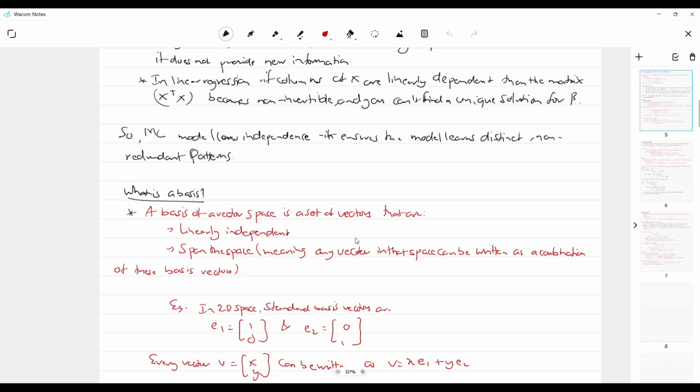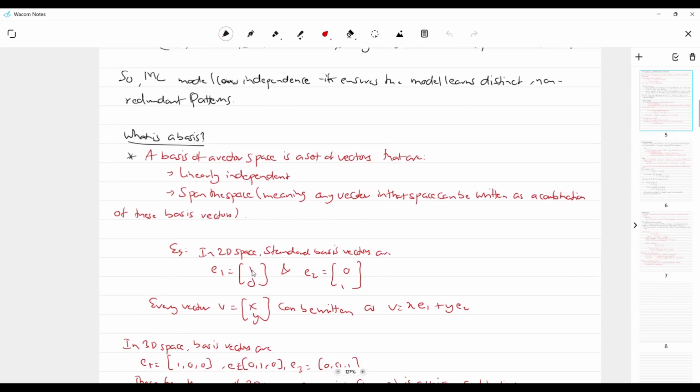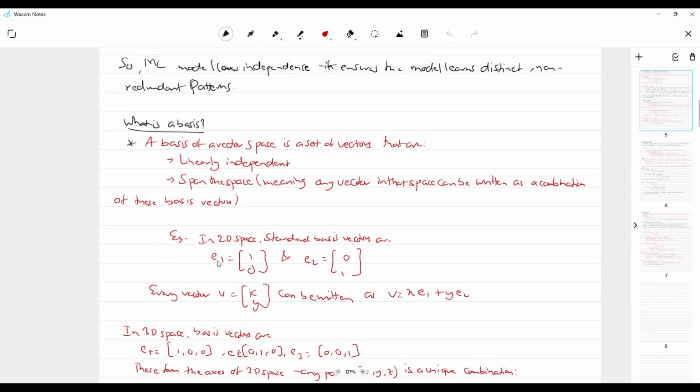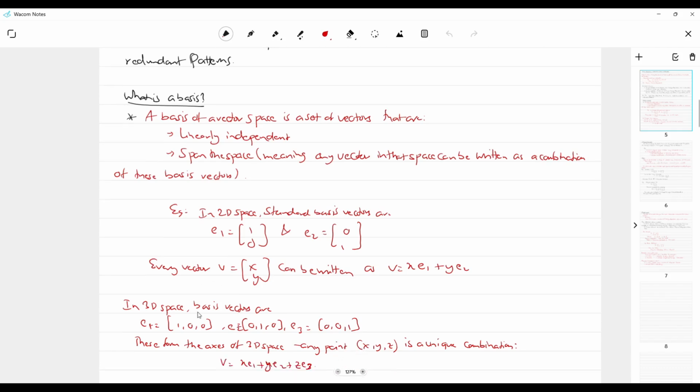For example, the standard basis vectors in 2D are e1 equals (1, 0) and e2 equals (0, 1). Any vector (x, y) can be written as x times e1 plus y times e2. Here, e1 and e2 are independent and they span the full plane.